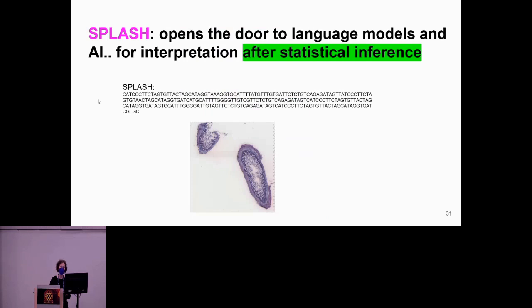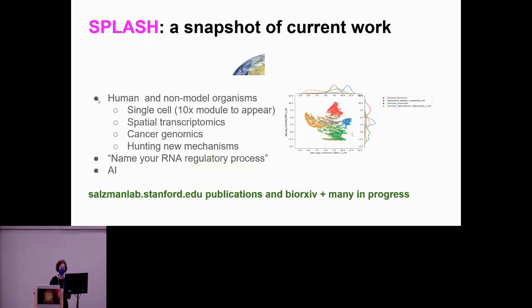I also think that it's very exciting to think about and work on how SPLASH can really open the door to new kinds of deep learning approaches in biology, which is an area that we are actively working on. So in summary, there are lots of different applications to different emerging technologies from 10x, from other spatial transcriptomics. And I'm always excited to talk about them and thank the team and funding.